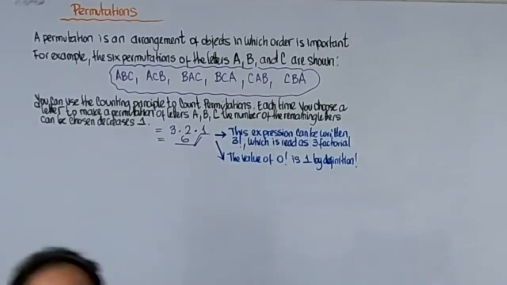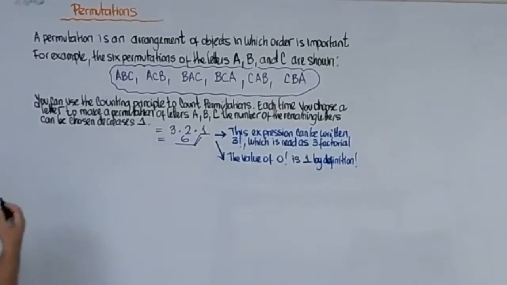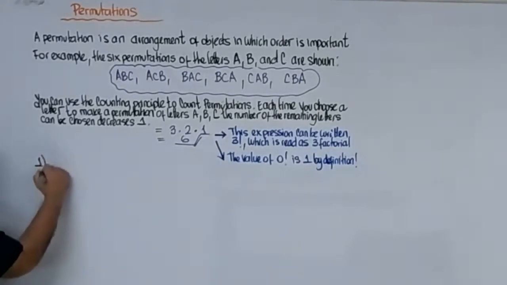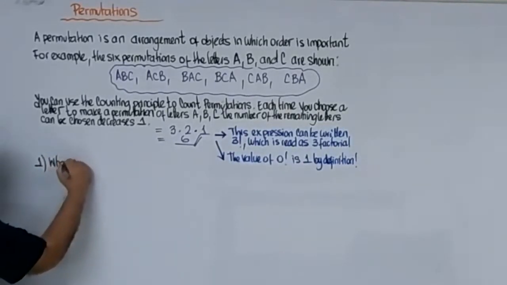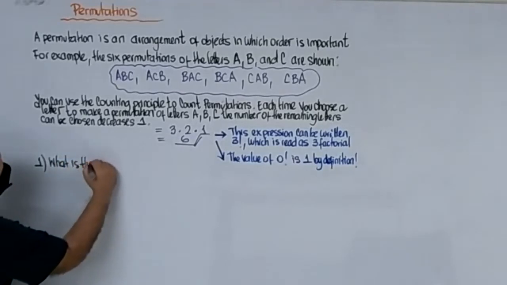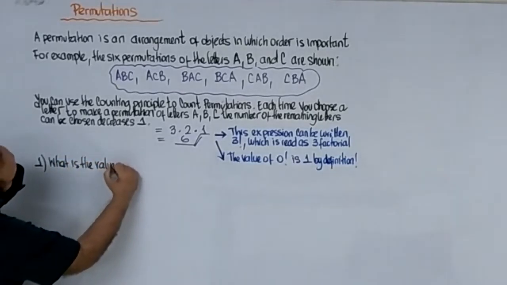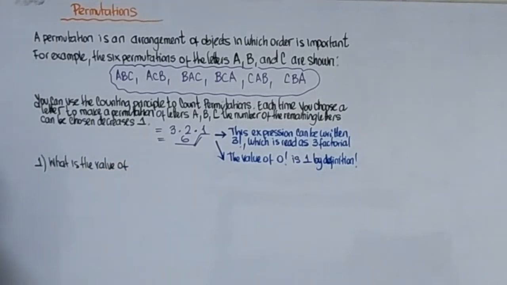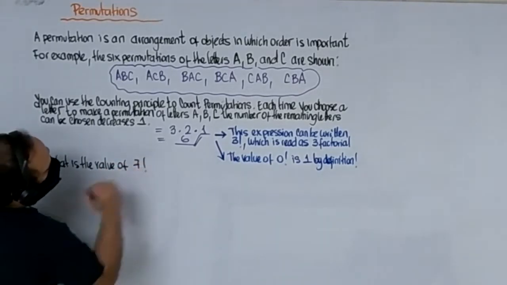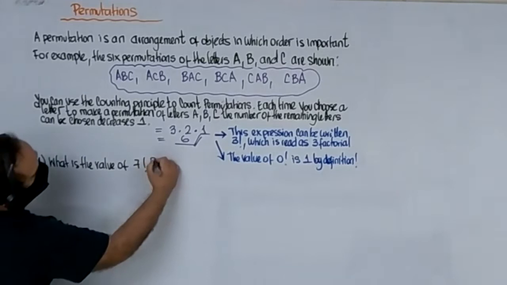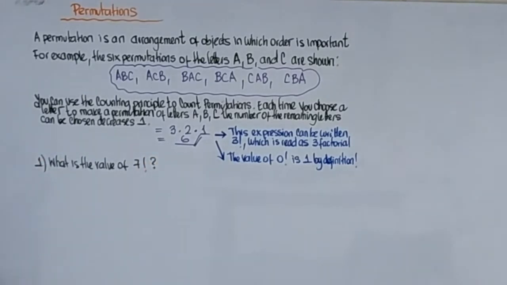Examples. In the first example, what is the value of 7 factorial? Number 7 and the exclamation symbol. Well, it's simple.